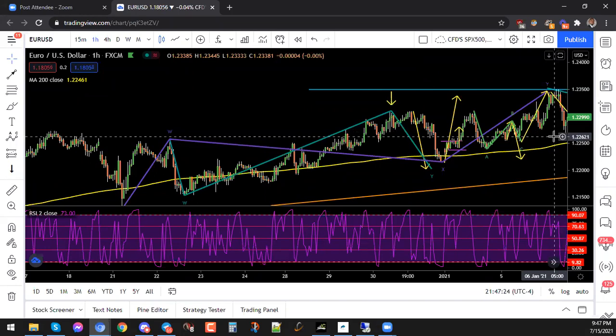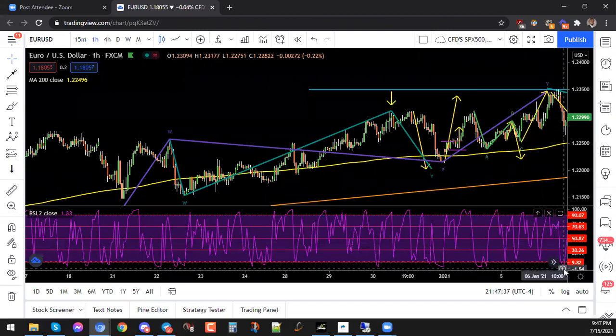And what happens at lunchtime? Traders go home or they go to lunch. That's lunchtime in the US session. So lunchtime in the US session, where are we on the RSI? We're in the lower extremes on the RSI.